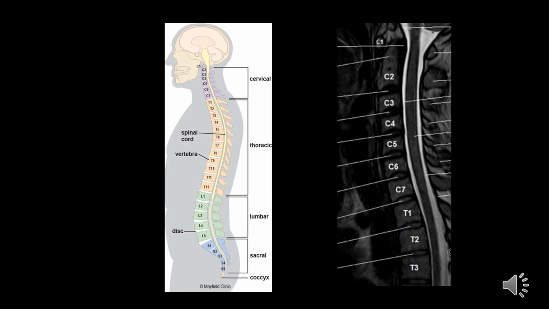Don't forget that C1 is smaller and can be easily missed on sagittal images, but it's there. So you can see where C1 is going to be located on the sagittal cervical MRI. Clear up there on top. C1 and C2 on a lot of medical images appear to be 1, but remember, C1 is up there.